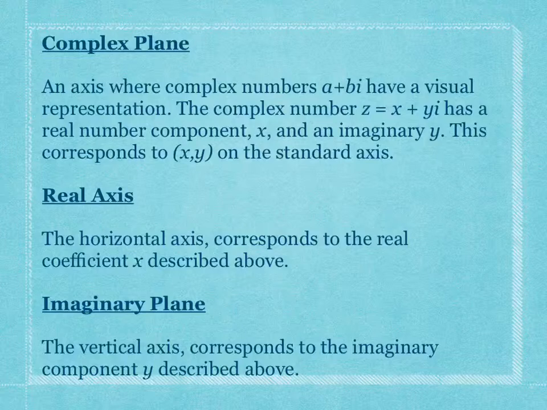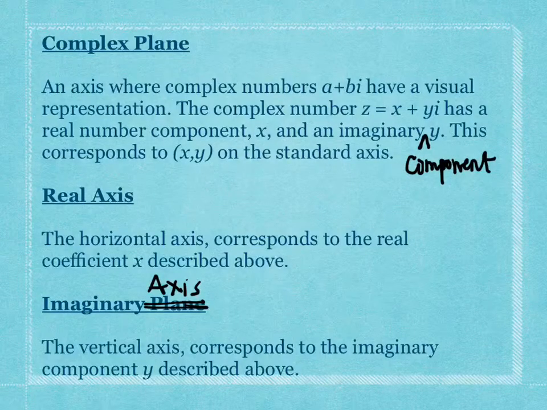The real axis is the horizontal axis that corresponds to the real coefficient x described above, and the imaginary axis is the vertical axis that corresponds to the imaginary component y. A little bit of a typo there.